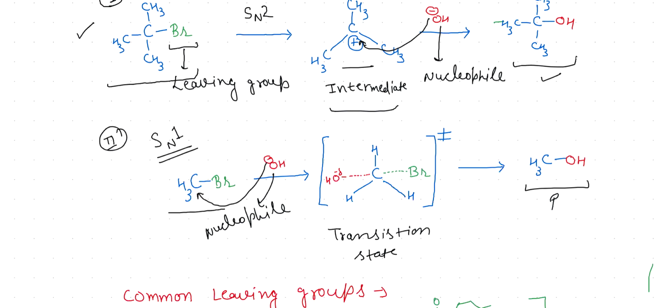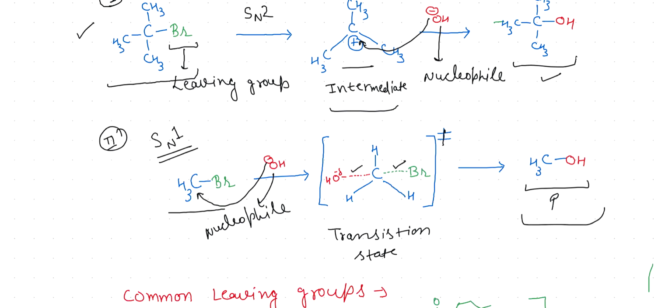Look at this transition state. In the transition state, one bond is forming, another bond is breaking. So here the carbon has 5 bonds, so carbon is unstable in this molecule. There is a double dagger which represents the transition state, and then we get the final product, methanol.